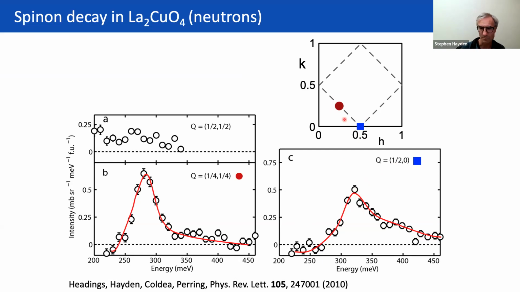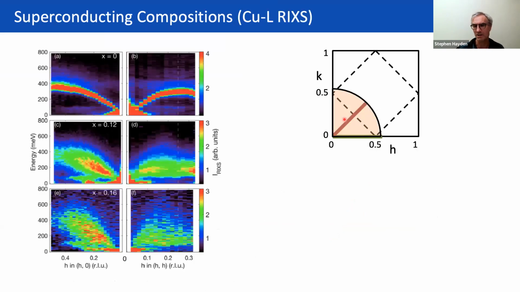I'm mentioning that because you can now see that quite clearly in much of the RIXS data, and it fits in with what we see with neutrons for the doped materials. So here's some RIXS data, and you can see the three compositions here. This top one is the parent antiferromagnet. This is doped 0.21 and then 0.26, and you can see RIXS can access this region here.